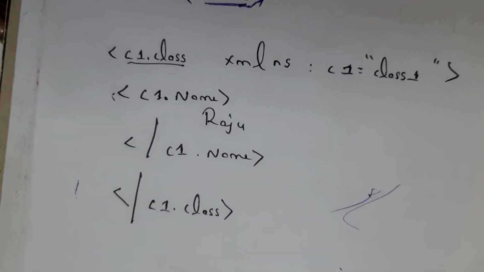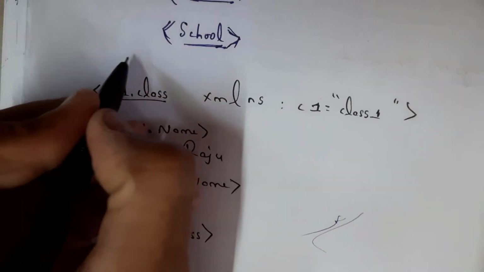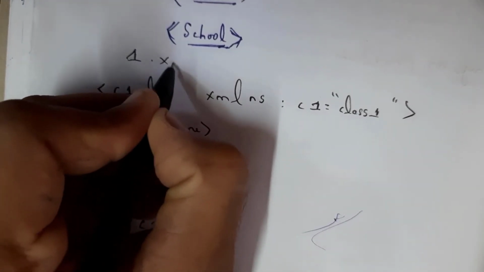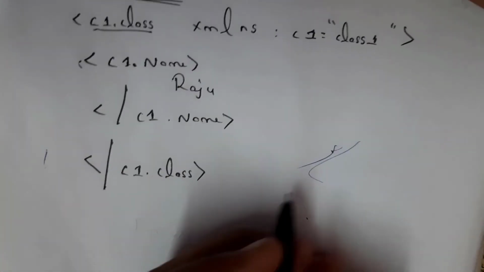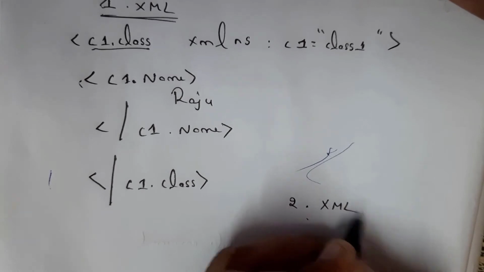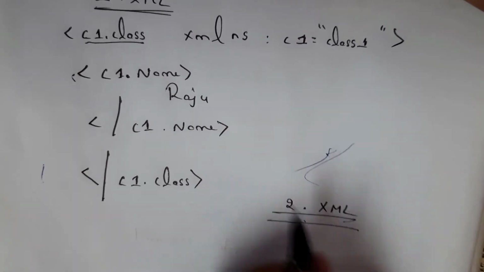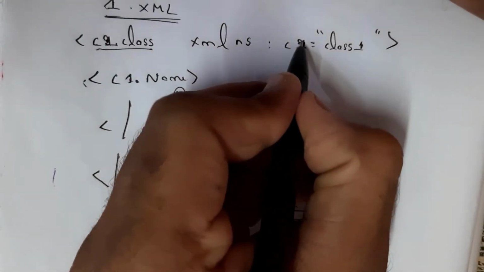And similarly I am going to create another XML document. This document is 1.xml. The next document is 2.xml. This 2.xml is the same. Instead of class1 we need to keep class2. Here class2.